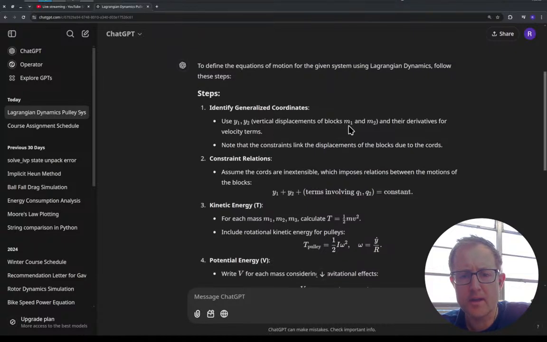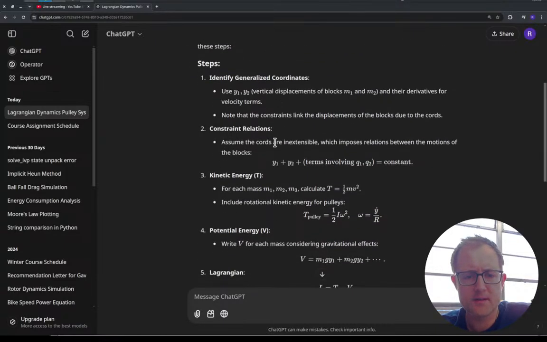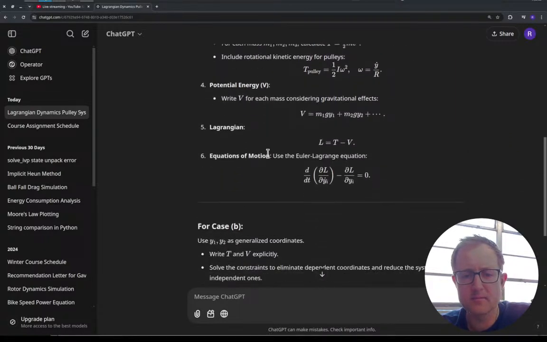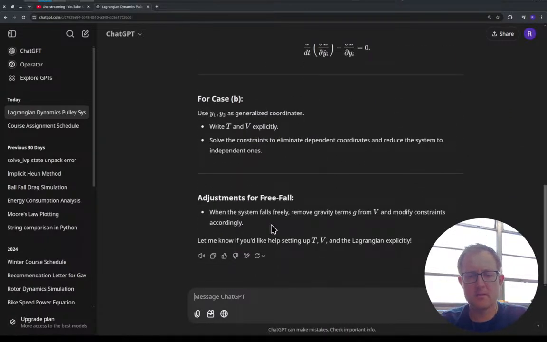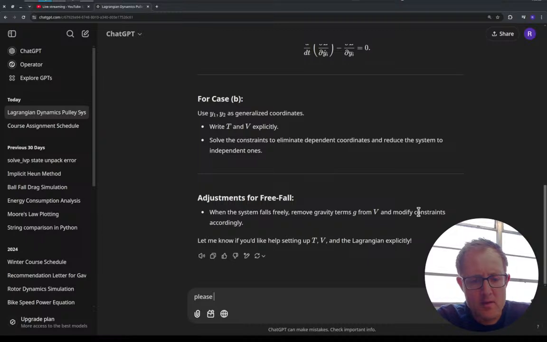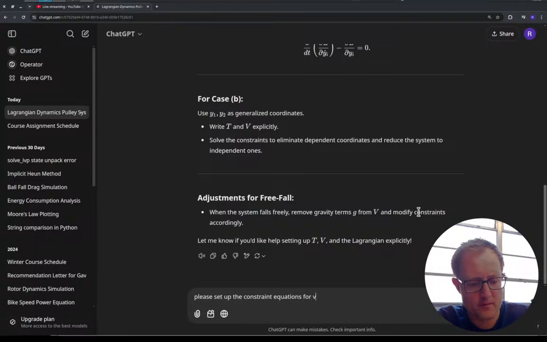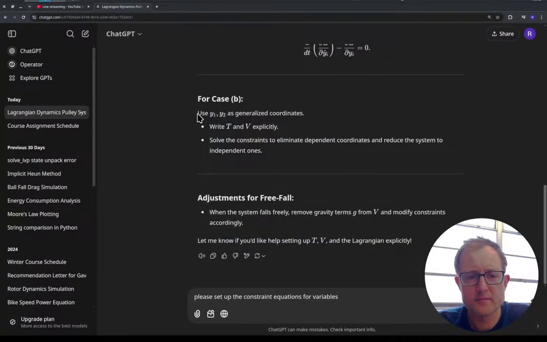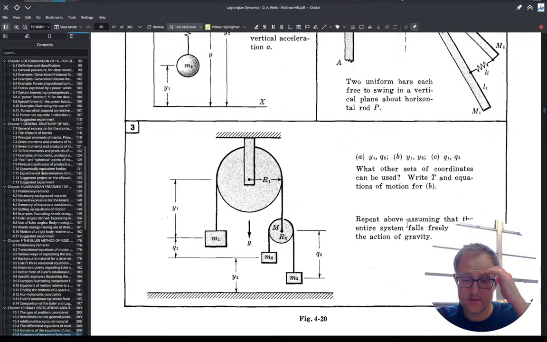Use y1 and y2 and their derivatives. Assume chords are inextensible. Please set up the constraint equations for the variables. Well, let's just look at the original PDF.